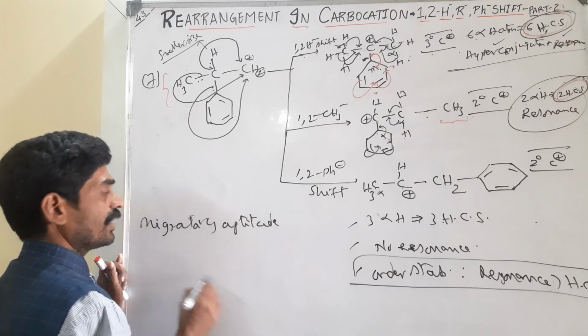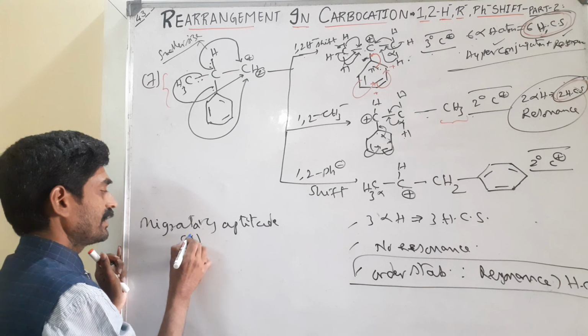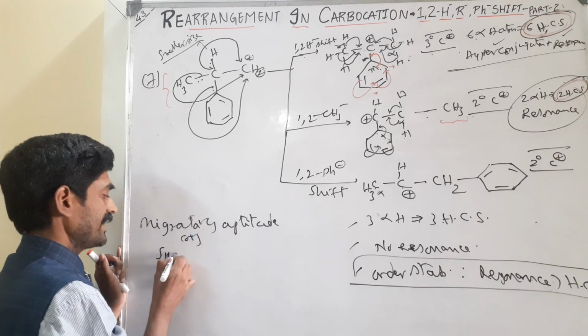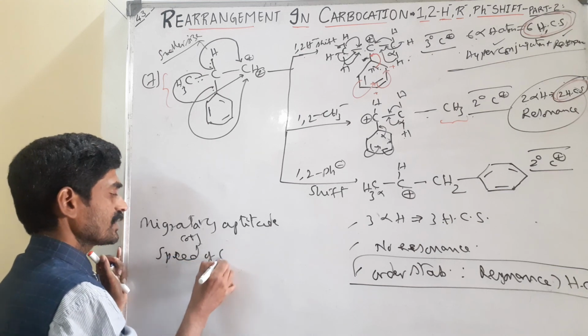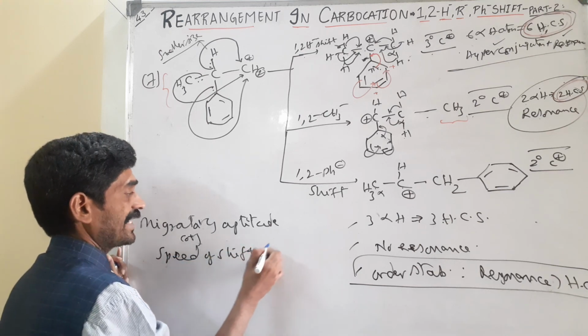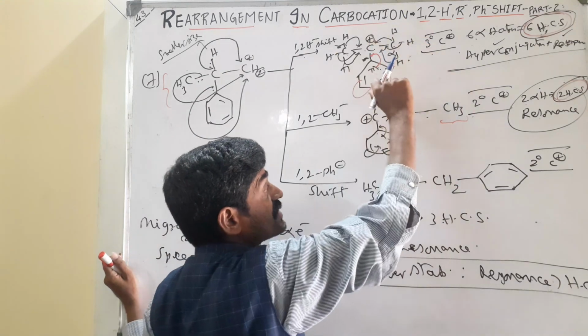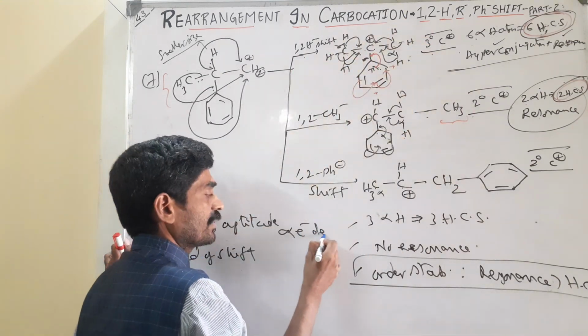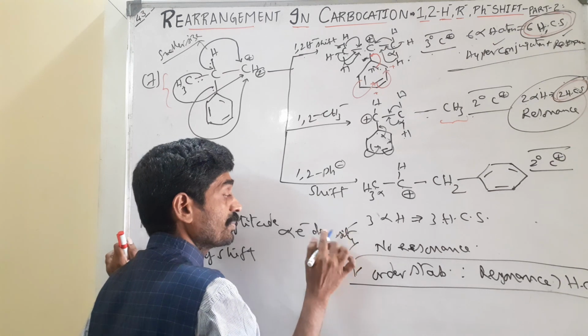Migratory aptitude is nothing but the speed of the shift. It is directly proportional to electron density. Here it is getting more electron density, so it is readily stabilized.